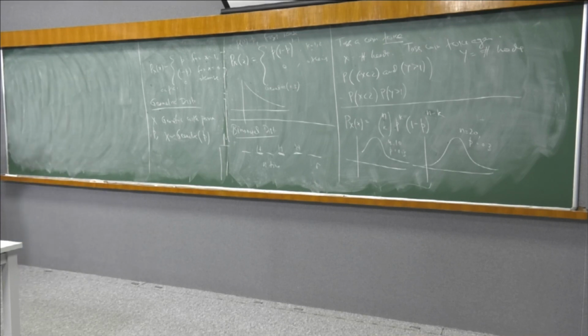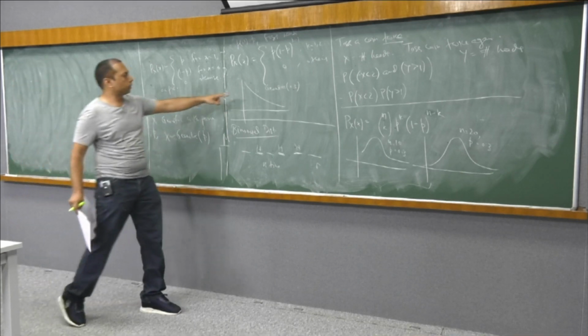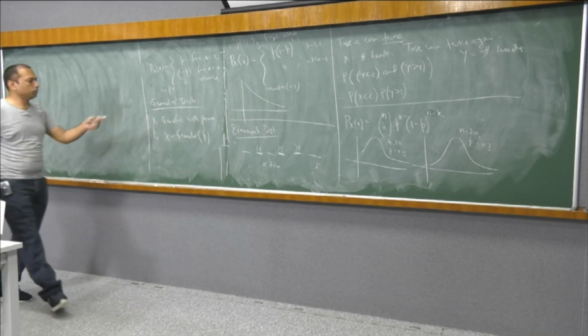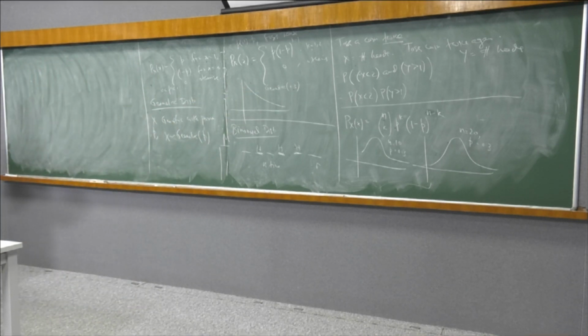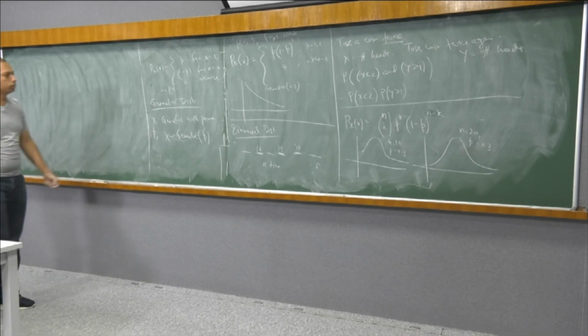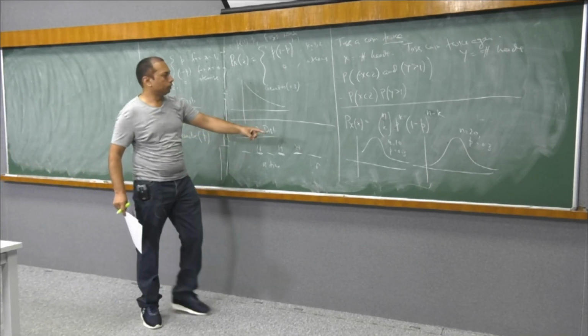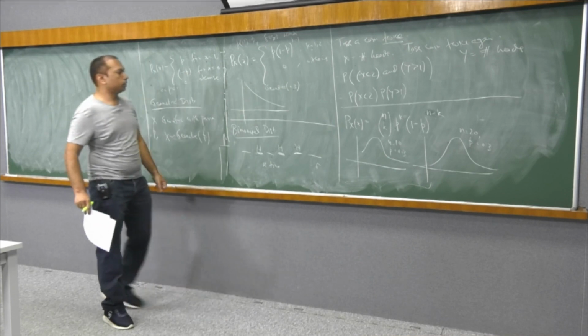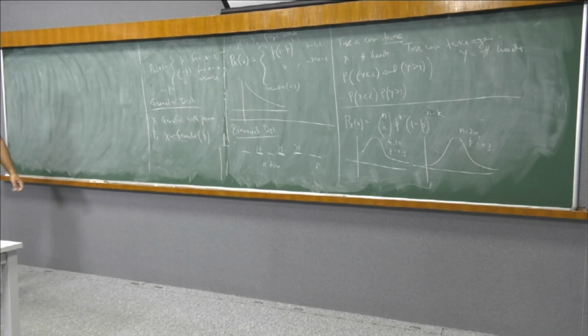Before I do that, one more thing about binomial is that it's essentially doing Bernoulli n times. Bernoulli was like I toss a coin once and I see head or tail, and then I'm asking the probability that one head is there.